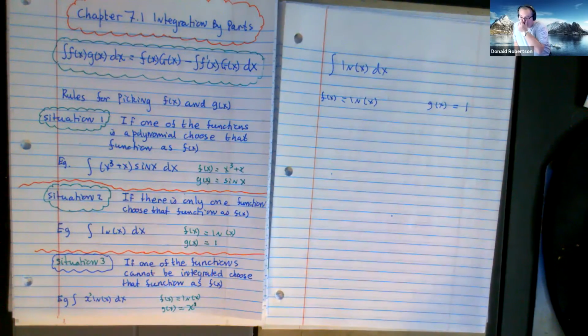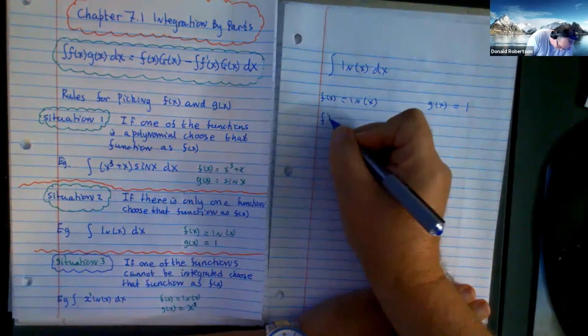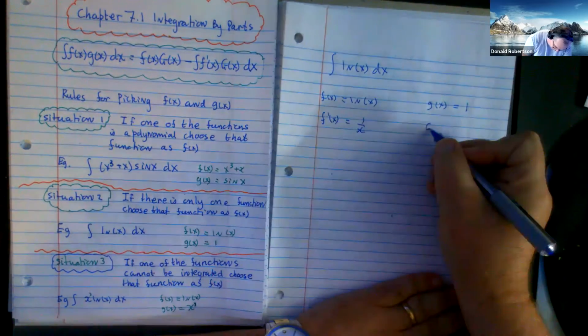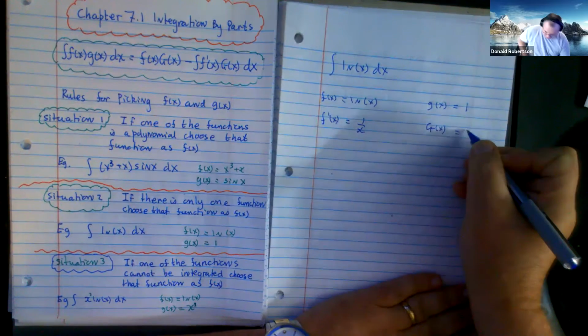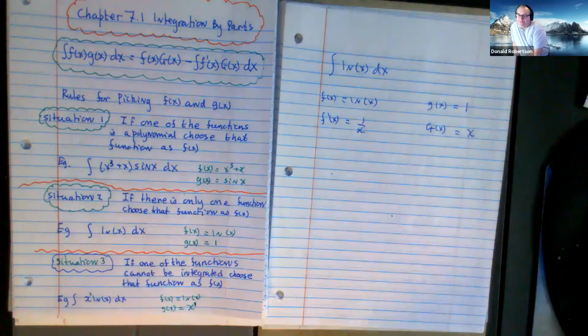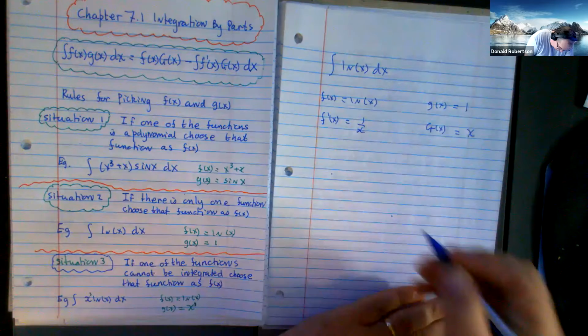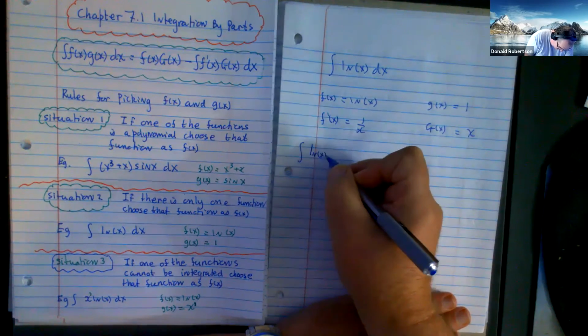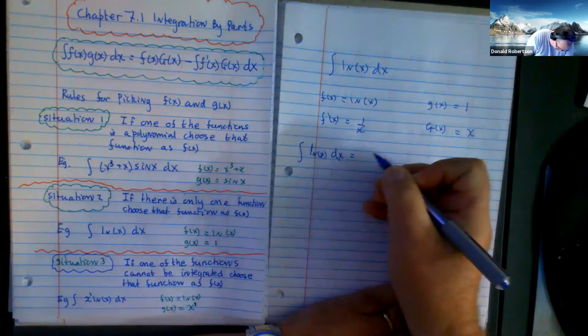Right, that's what you do if there's only one function. Now, we know the derivative of this guy is 1 over x, and we know how to integrate the number 1. We get x. Are we okay with that? Why we chose the f and g and what f dashed and capital G look like. So we should be able to just put the package together, and hopefully it'll come out nice.